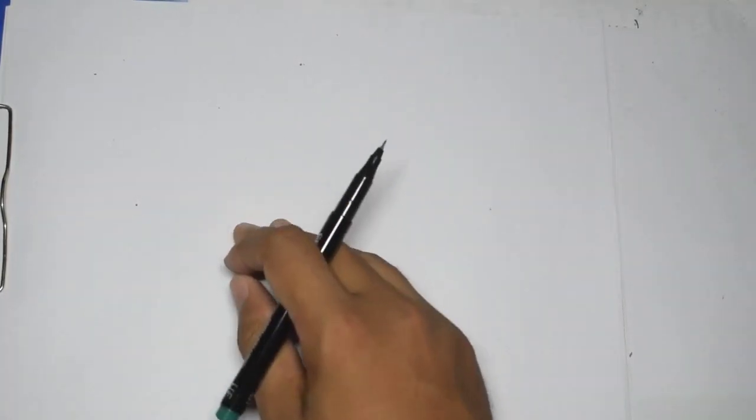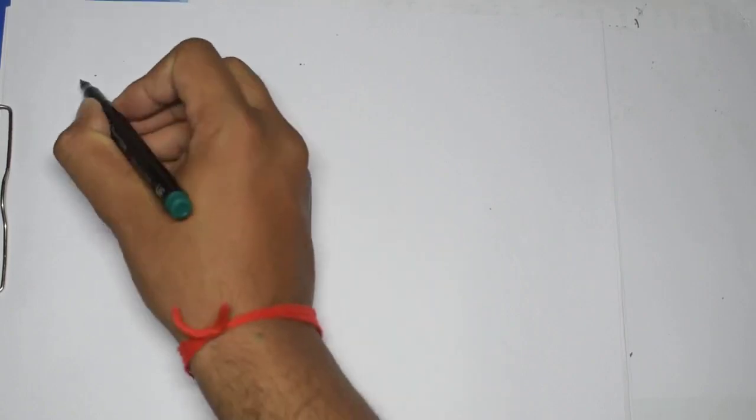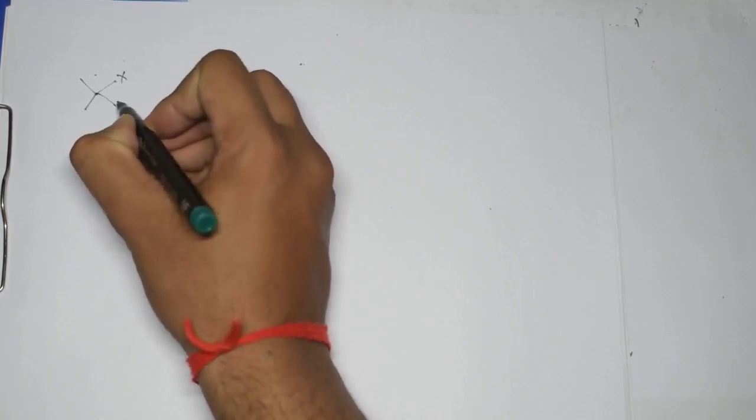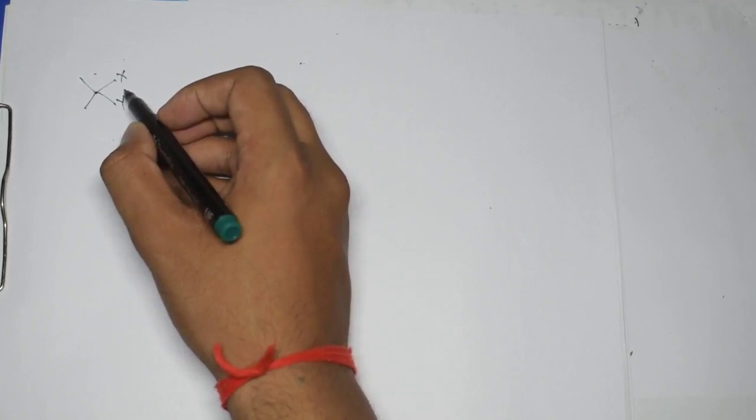Now let us also take one more example, and there I should discuss this with you. Suppose you are getting something like this, where we have X and Y present over here, right?